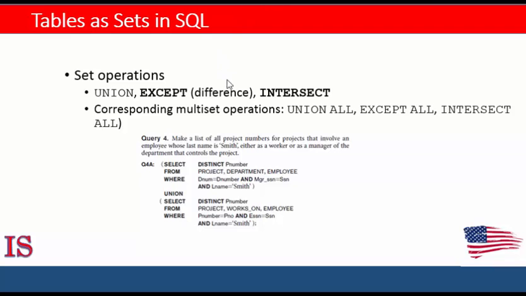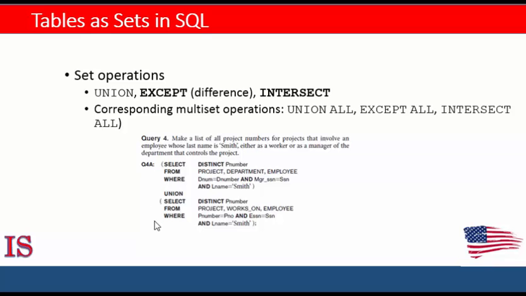Let's take a look at this query here. Query 4: make a list of all project numbers for projects that involve an employee whose last name is Smith, either as a worker or as a manager of the department that controls the project. The first select statement brings us a list of all of the managers named Smith of all of the projects.